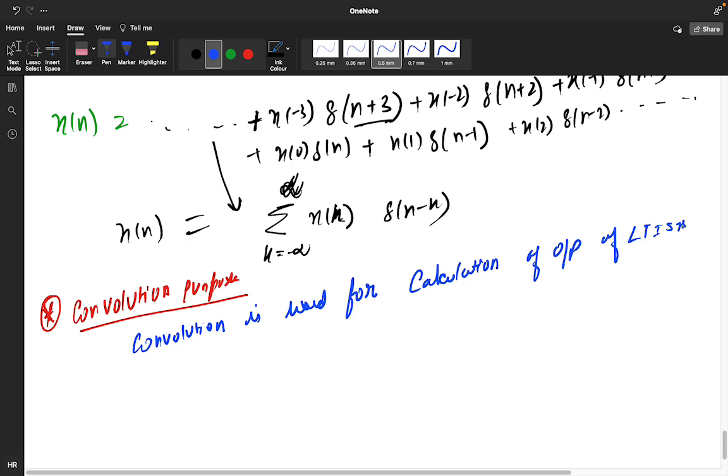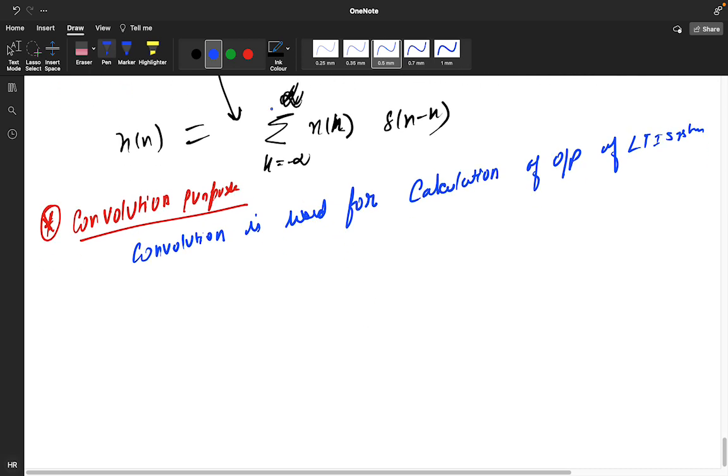Okay, so the second condition, write it down: the condition for an LTI system to be static. This convolution is used only in LTI systems. Okay, one property is also this.